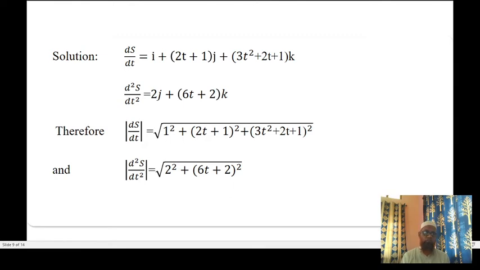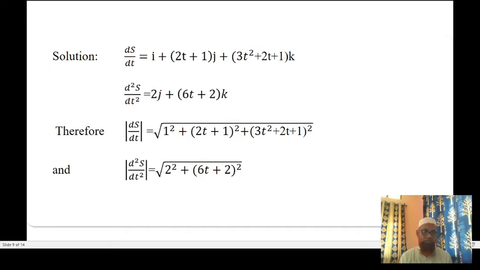So mod of ds by dt is the square root of the sum of squares of the coefficients of i, j, k. So square root of: coefficient of i is 1, j is 2t plus 1, and k is 3t square plus 2t plus 1. So 1 square plus (2t plus 1) whole square plus (3t square plus 2t plus 1) whole square.